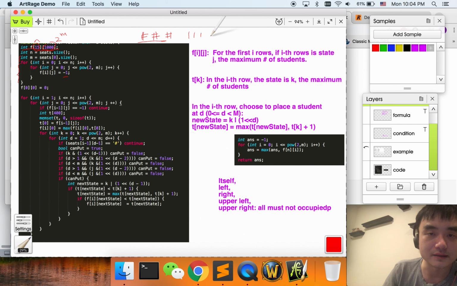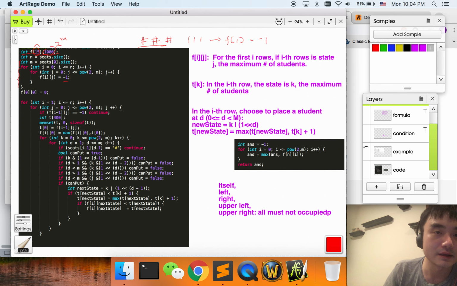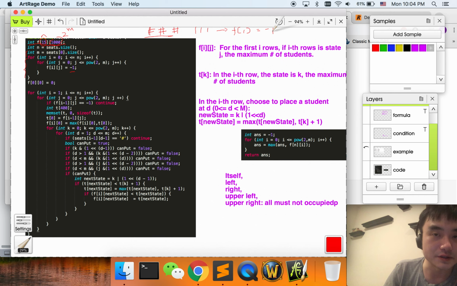So that means F1 equals -1. If it equals 0, that means you cannot put any students in that state.